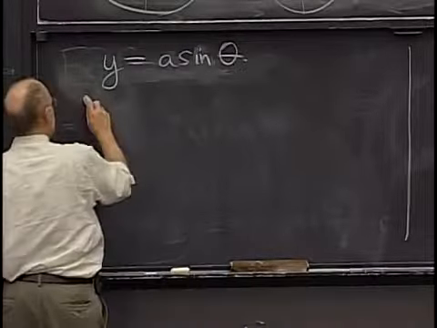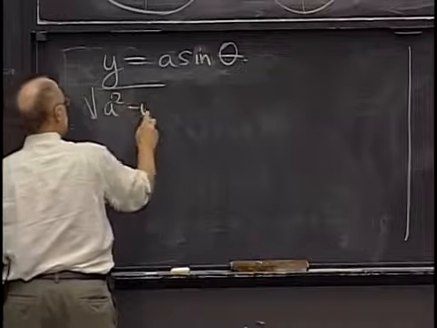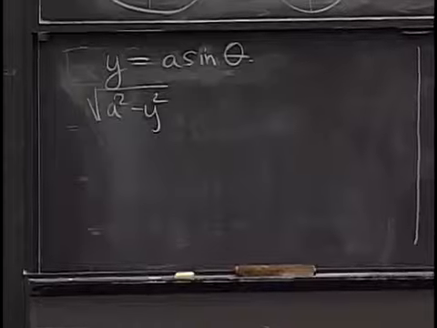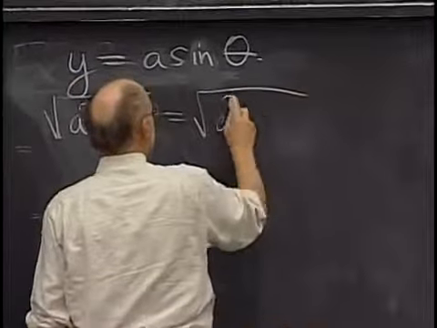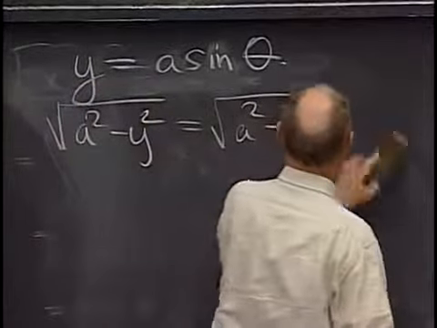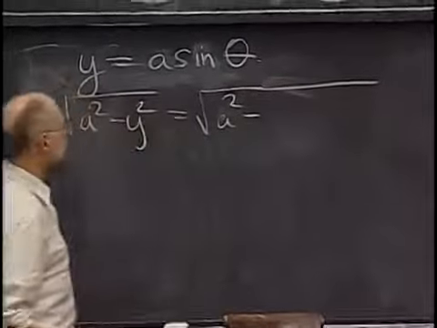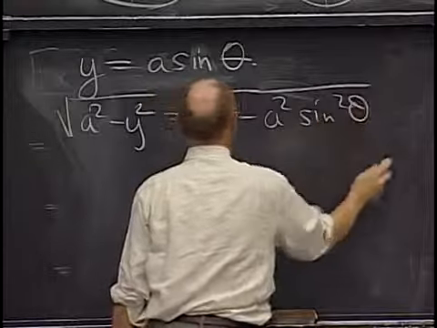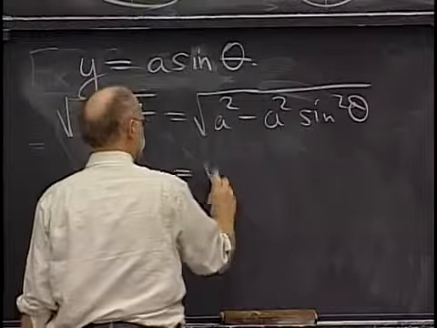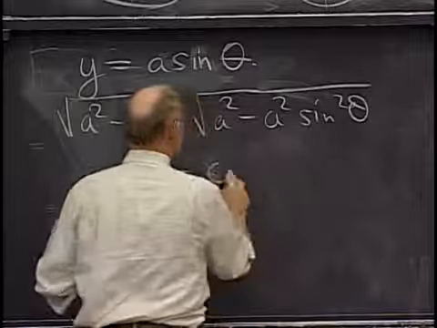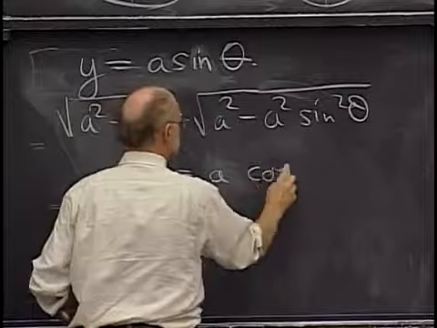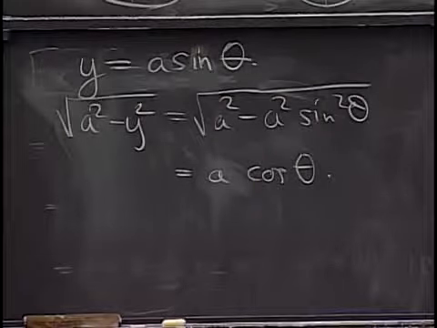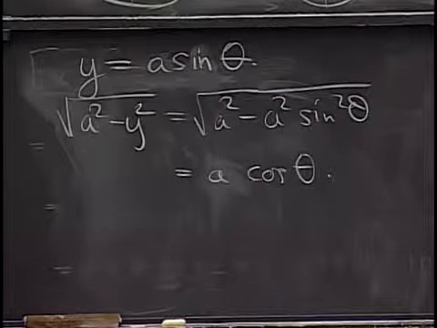If that's true, what we're interested in is integrating the square root of a squared minus y squared, which is the square root of a squared minus a squared sine squared theta. And, well, that's equal to a times the cosine of theta, right?